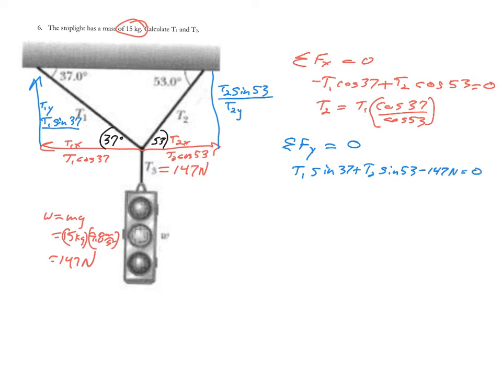At this point, I really don't have anything, so everywhere I see a T2, I'm going to replace it with this, because T2 equals T1 cosine of 37 divided by the cosine of 53.